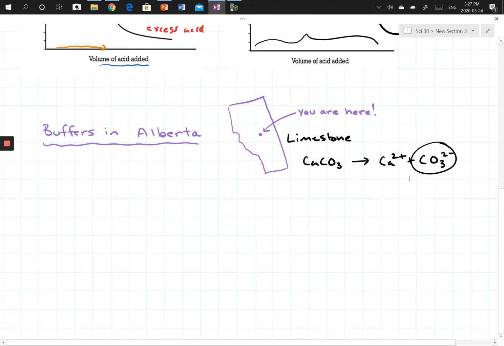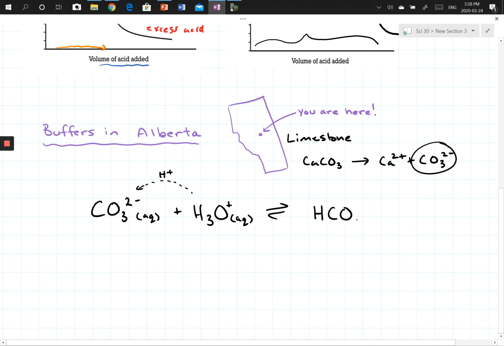Here's an example of a Bronsted-Lowry equation with that. Let's say I have my carbonate ions that come from limestone, and I'm going to add some hydronium ions from acid rain to that. Now, what's going to happen is that hydronium, remember, is acting as an acid. It's going to donate a hydrogen ion to my base, and that carbonate ion is now going to become a hydrogen carbonate ion.